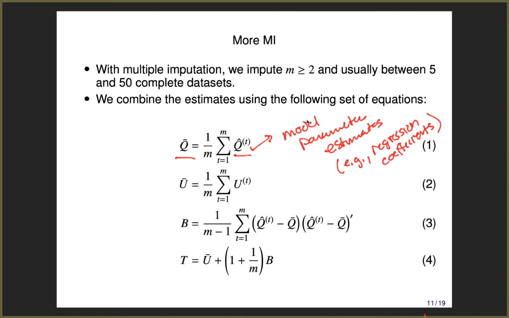The T superscript identifies the imputation round, so if we have 50 data sets, there will be 50 different imputation rounds. Q bar is just the average of all of the individual Qs. If these are regression coefficients, Q bar would be the average of, say, the age coefficient across all of the imputed data set models.